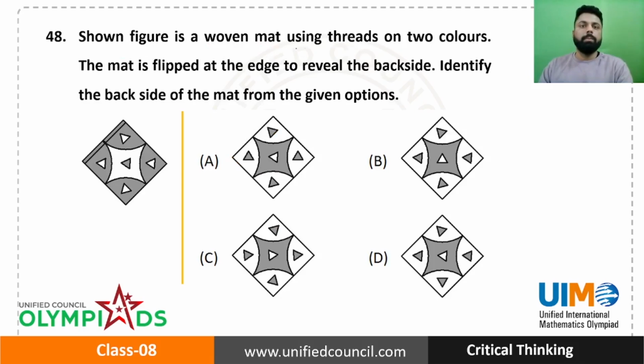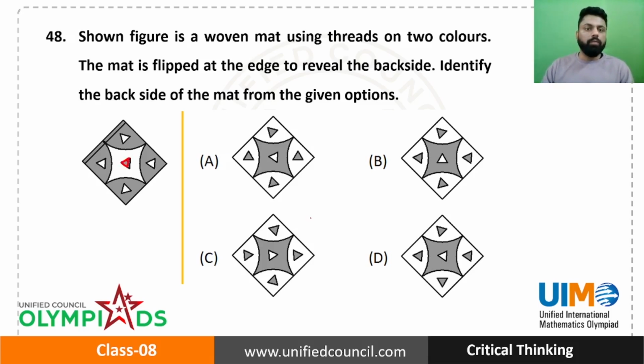The shown figure is a woven mat using thread of two colors. The mat is flipped at the edge to reveal the back side. Identify the back side of the mat from the given options. So see, when you flip it, first of all, it is going to have the opposite of the center part.